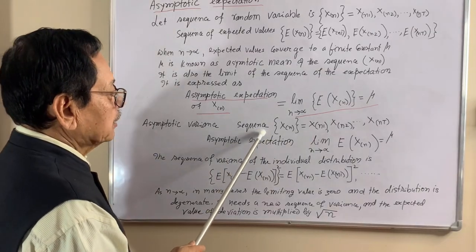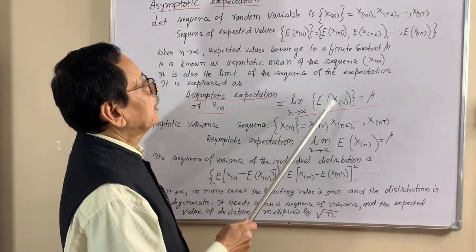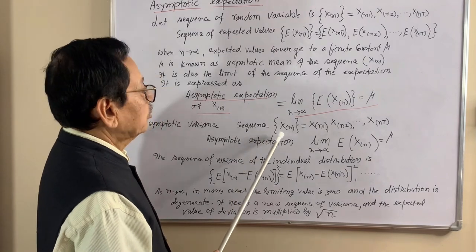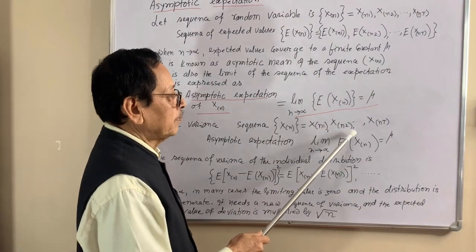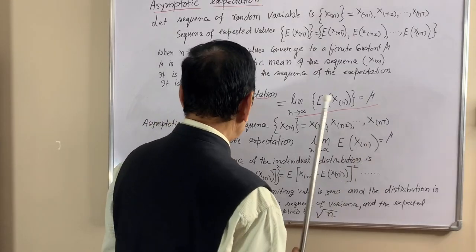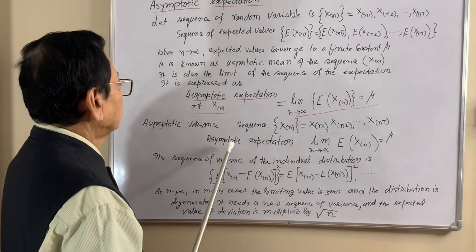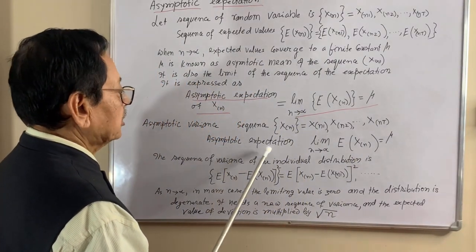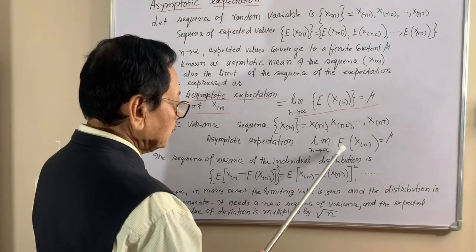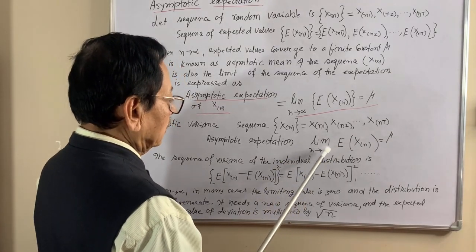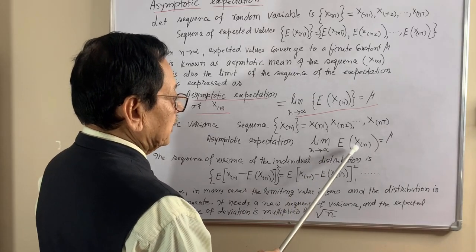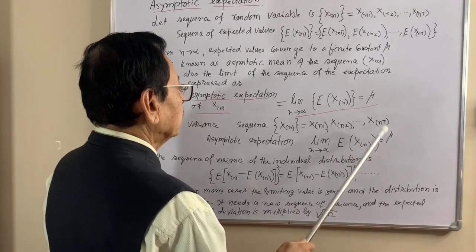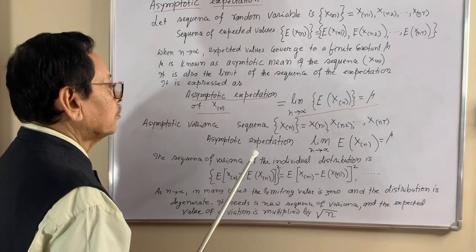Our sequence is as we have written earlier: the sequence xn equal to xn1, xn2, and so on up to xnt. And the asymptotic expectation is the limit as n tends to infinity of expected xn, equal to mu.